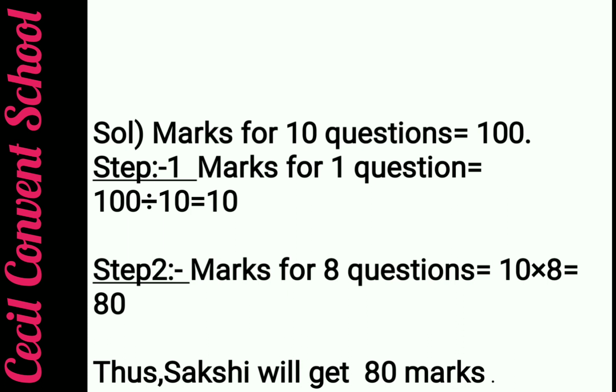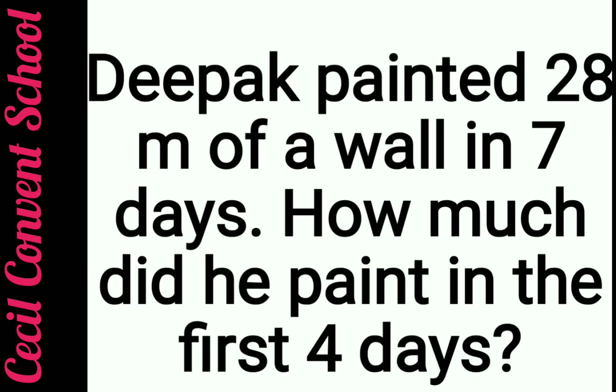So 10 into 8 is 80. So Sakshi will get how many marks? 80 marks out of 100. Clear, students? Like this manner we do. Firstly we divide because we are finding the marks of one question. In the second step we multiply because we are finding the marks of 8 questions.